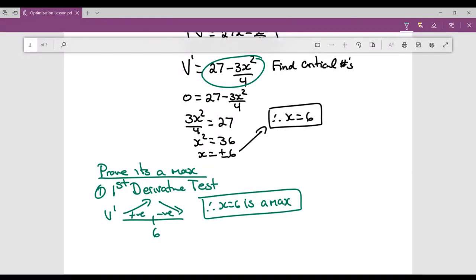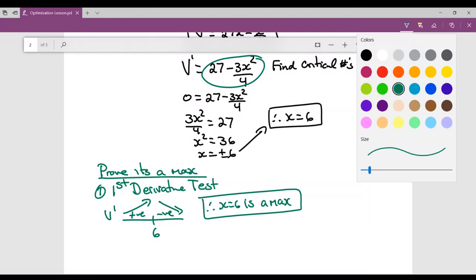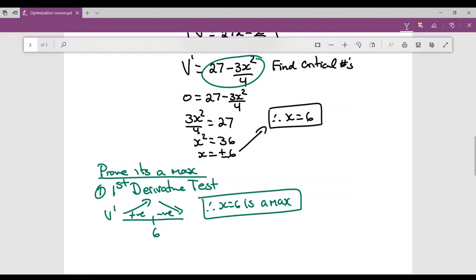Or you can use the second derivative test. If we take the second derivative, V double prime, again, it's pretty easy.